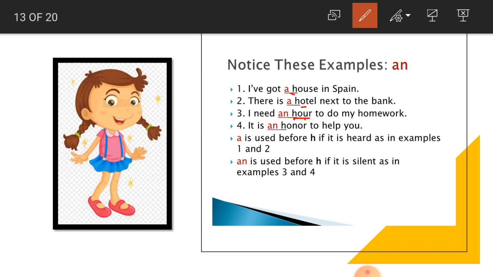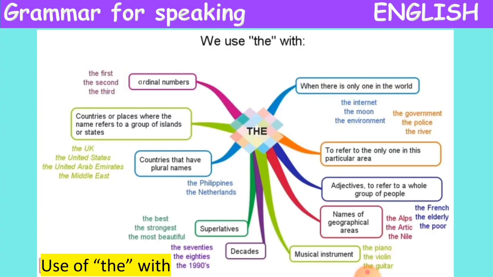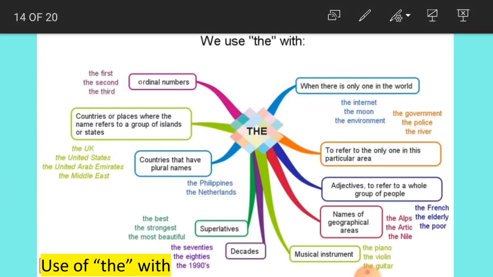But when we come to the 3rd and 4th sentences, what is happening? Even though it is a consonant, it is giving a vowel sound. That is why you have to use an there. Clear, children?